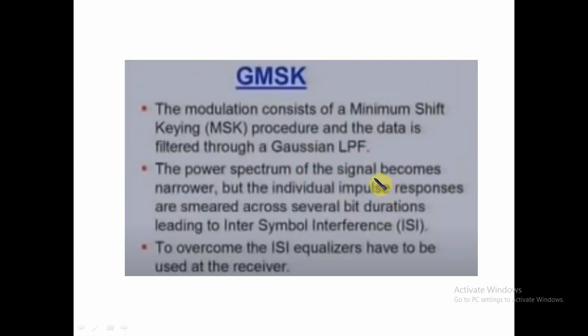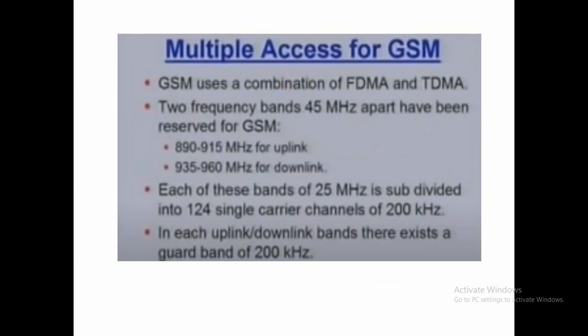The power spectrum of the signal becomes narrow, and the individual impulse responses are mentioned. The bit duration leads to some intersymbol interference, ISI. To overcome this ISI, an equalizer has to be used at the receiver side, as I discussed previously.